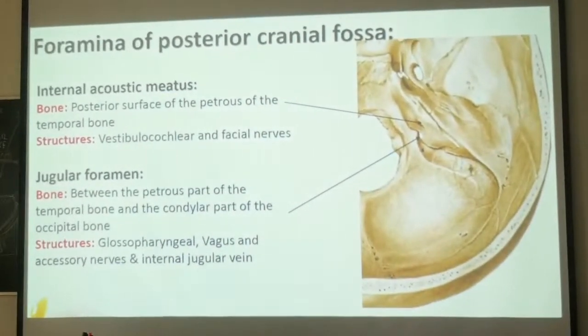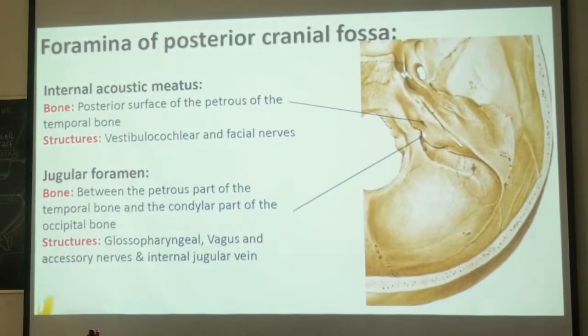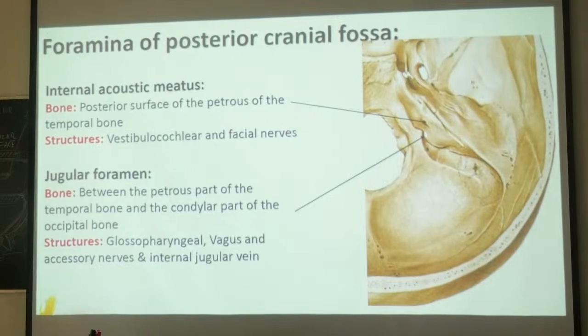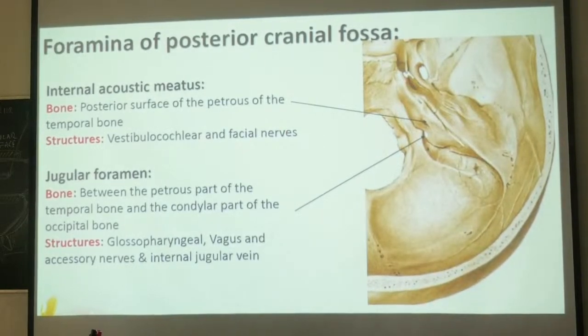Next is the internal acoustic meatus. Here this opening, this foramen you can see, lies within the petrous part of the temporal bone, and is known as the internal acoustic meatus. It is lying on the posterior surface of the petrous part of the temporal bone, and the structures passing through it are the 7th and 8th cranial nerves. 7th is the facial nerve, vestibulocochlear is the 8th cranial nerve.